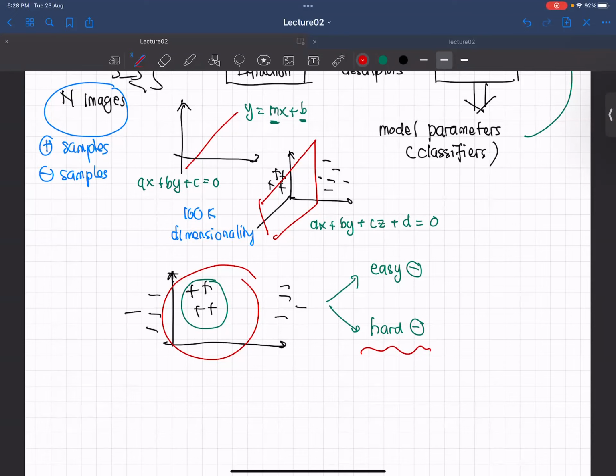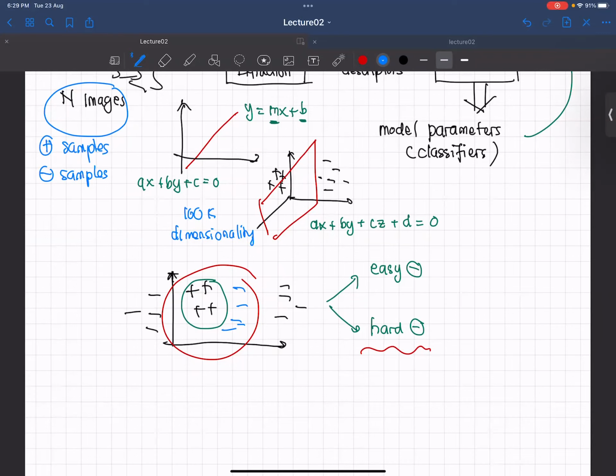Why is hard negative important? Because in the training, we don't want our boundary to be too loose. Because later on in the testing, non-face is a lot. Non-face is more than positive. So non-face can come close to this space here. That's why we want to exclude this in the training as much as possible.